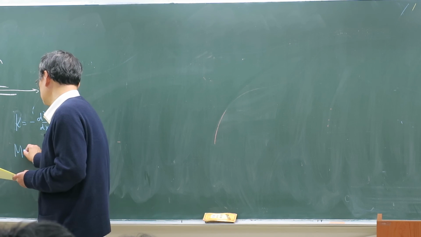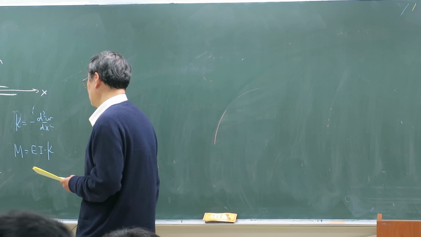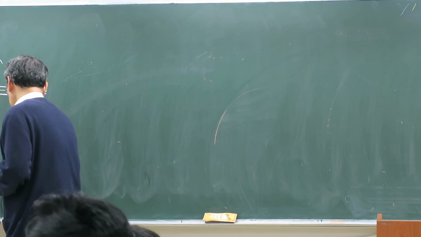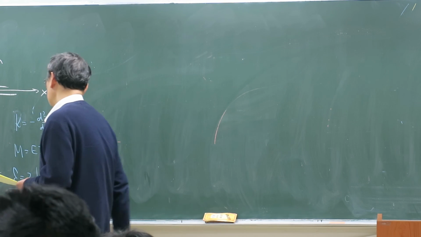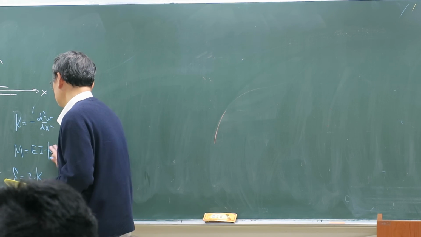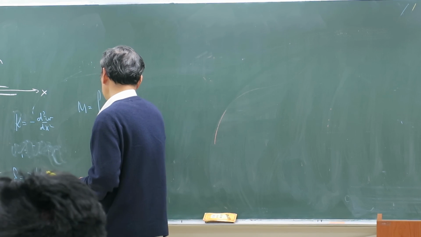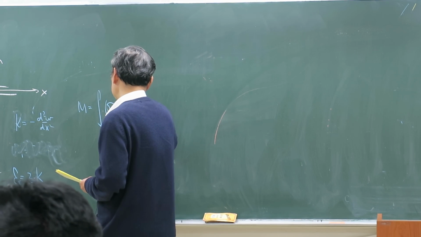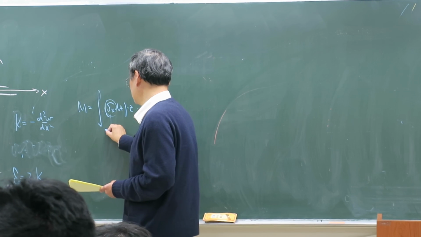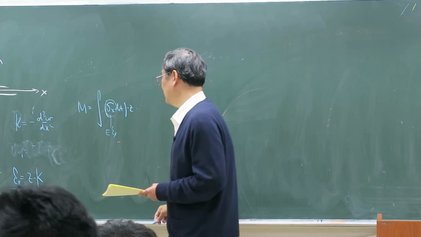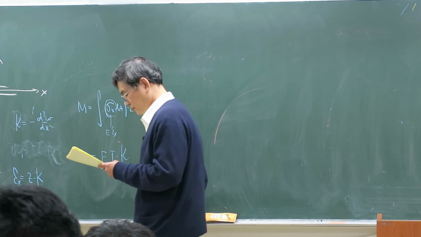And the moment is equal to the integral of sigma x dA times z, and sigma x equals E epsilon x, and this becomes EI times curvature.